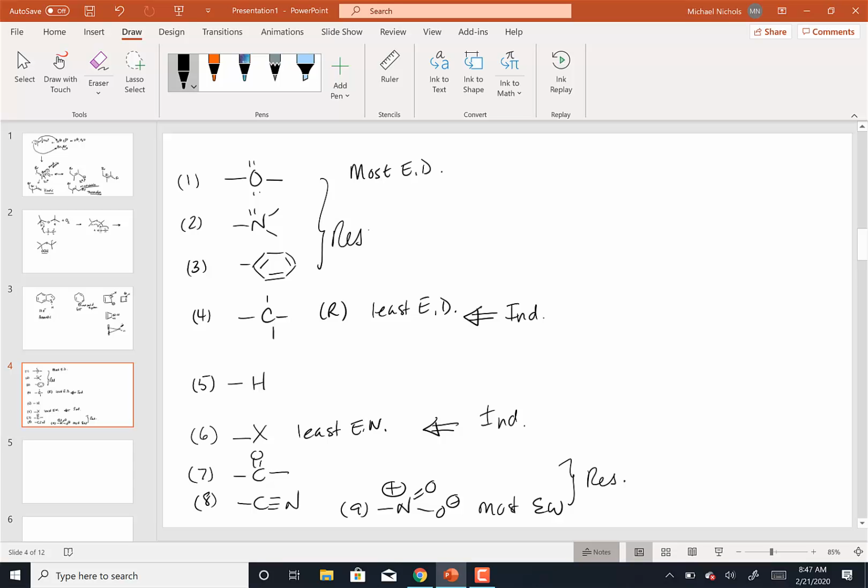Okay. And so putting it in this order, that's one way to remember this order and which is which. Because I'm going to ask you to draw that table again in the near future. And I'm going to ask you to put the groups in and then tell me whether they're donating, withdrawing, induction, or resonance.